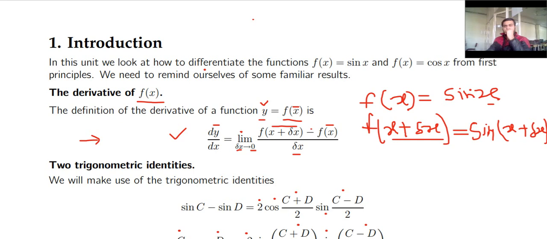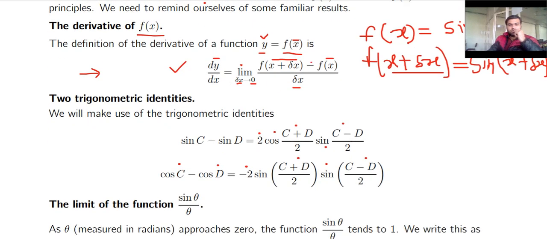So today we will differentiate two functions, sin x and cos x, and find their differentiation with the help of first principle of differentiation. The important formulas used to differentiate sin x and cos x are: sin c minus sin d is equal to 2 cos((c plus d) by 2) into sin((c minus d) by 2).